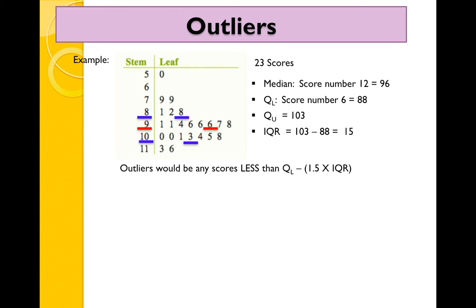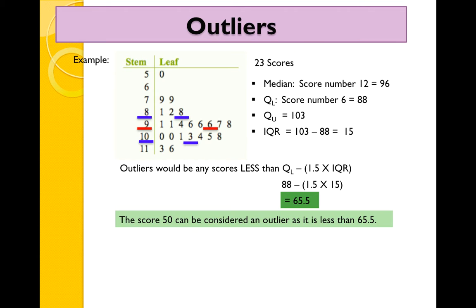Now we're going to use the formulas from the formula sheet. The lower quartile, 88, minus 1.5 times the interquartile range, gives us a value of 65.5. That means any score less than 65.5 would be considered an outlier. So for this set of scores, 50 will be considered an outlier as it is less than 65.5.